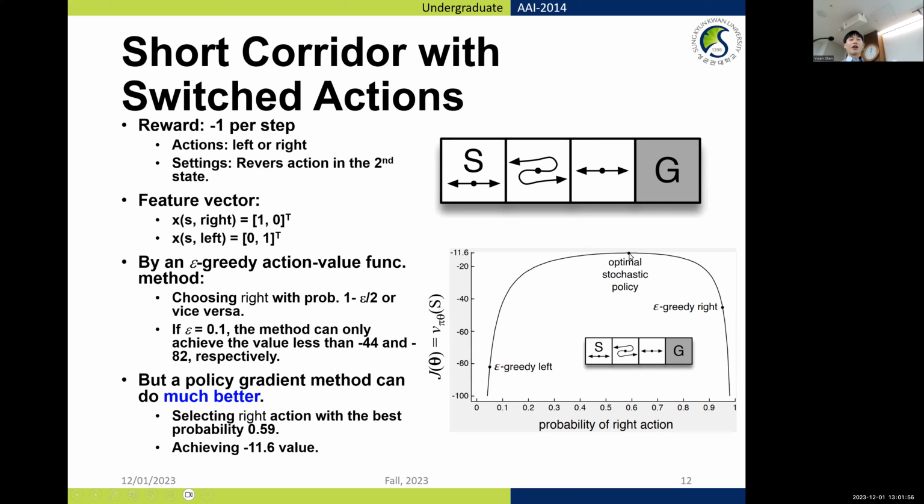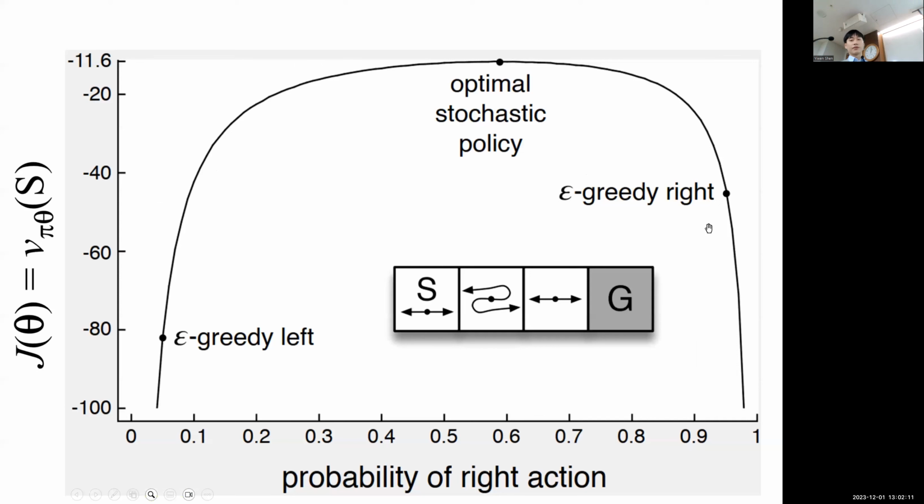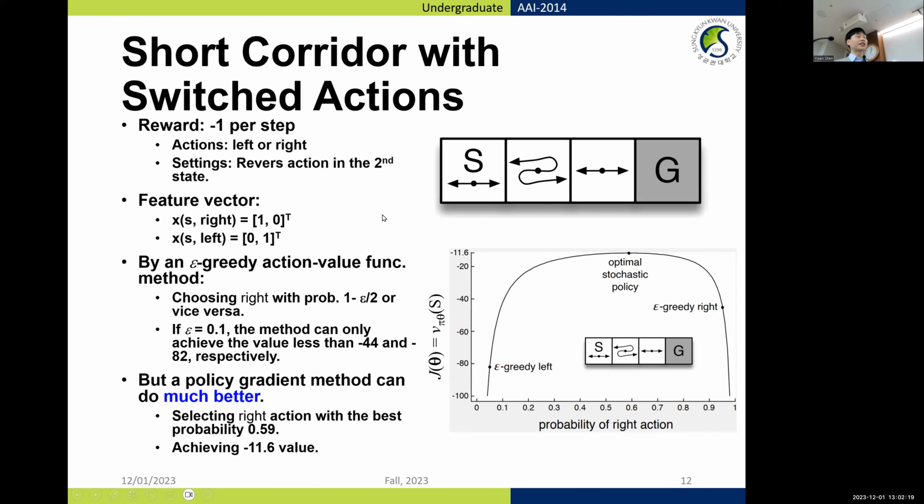It can learn the optimal policy. The right action probability will approximate 0.59, achieving the -11.6 value, which is a very big improvement compared to the action value approaches. So this is a direct comparison between the action value function approach we learned before and the policy gradient approach.